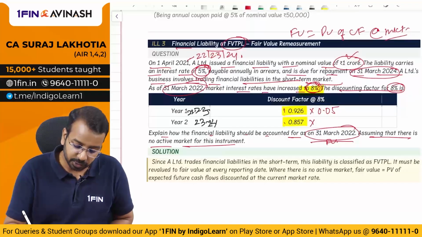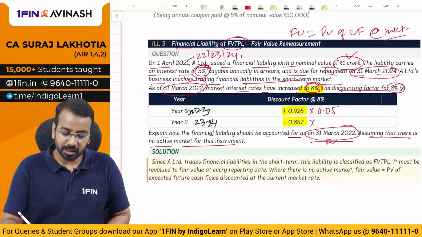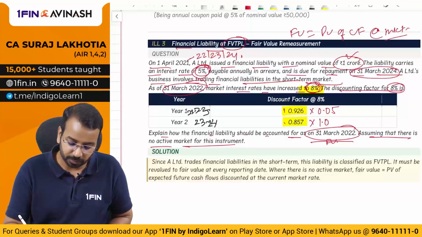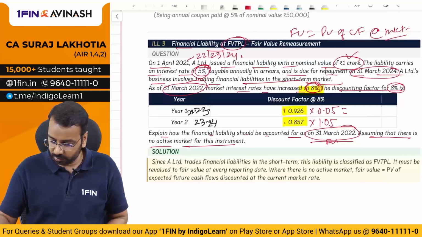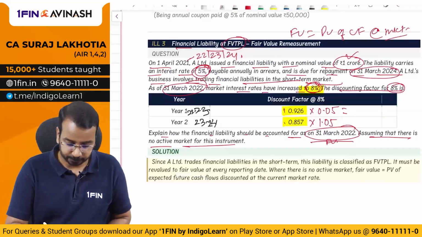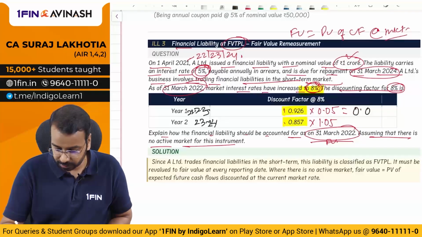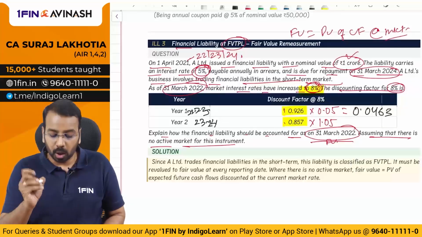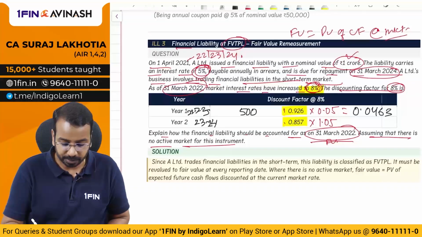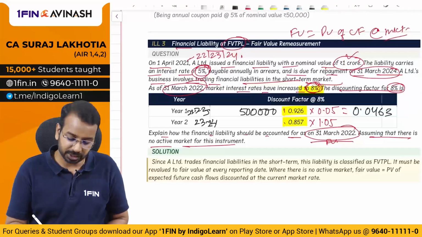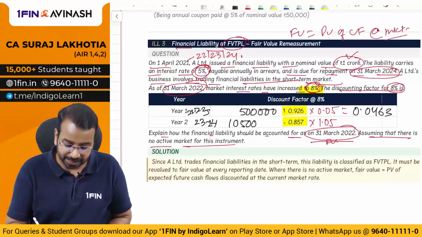We will pay 0.05 crores of interest and 1 crore of principal, 1.05. So, how much will that be? 0.926 into 0.05, 0.0463. Or what you can do, you can take 1 crore into 5%, you can write 5 lakhs also. We will pay 5 lakhs of interest in the next year and 1 crore 5 lakhs in the year after that.